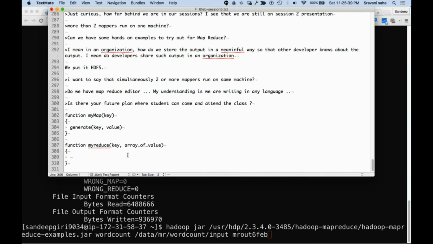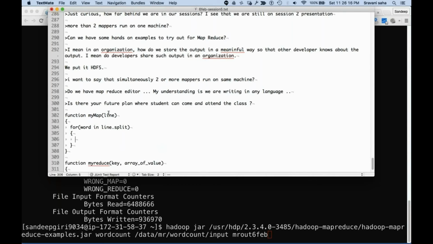Okay. So here, in case of word count, what are we trying to do? The input we are getting is a line. For each line, your map function is going to get called. And what are you trying to do? You're trying to say: for word in line.split. Okay, I'm trying to write very simple pseudocode.